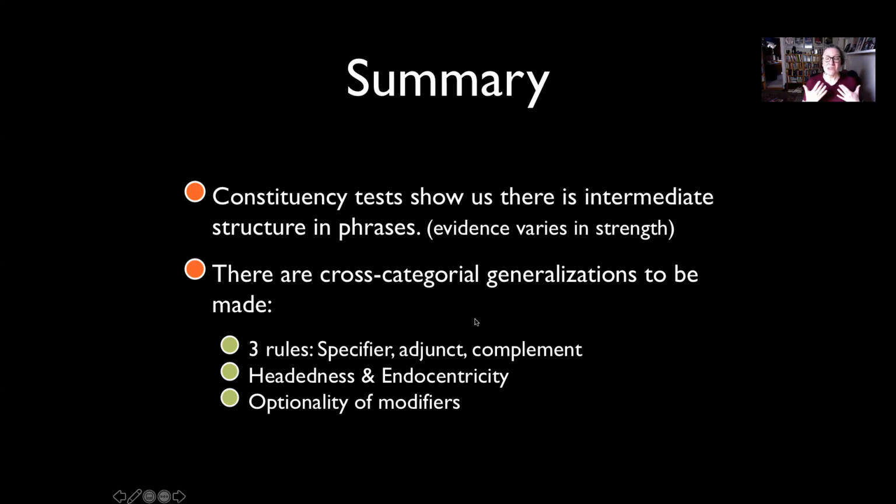There are cross-categorical generalizations to be made. So we've got three rules: specifier, adjunct, and complement. We've got headedness and endocentricity, which just means that every noun phrase is going to end with an obligatory noun. Every verb phrase is going to end with an obligatory verb. When you get to that point, you know you can stop, right? And then the modifiers are all optional and they're all phrasal.